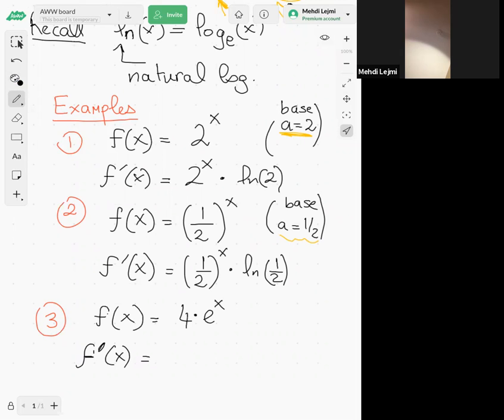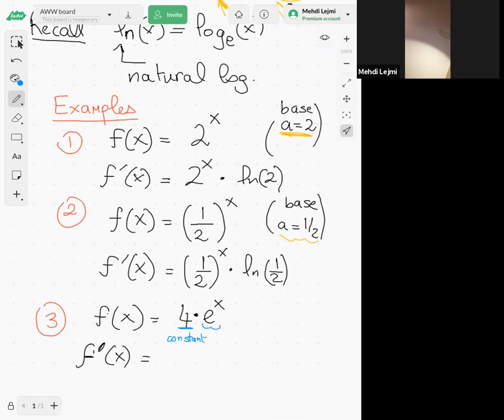Well, here we have a multiplication, right? 4 times e to the x. We have a constant, this is the constant 4, times this function here, e to the x.